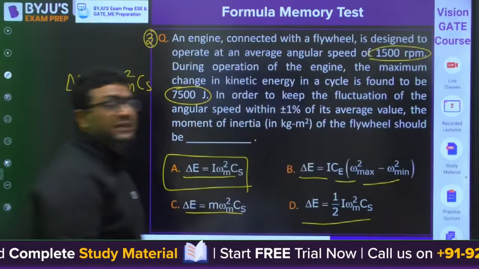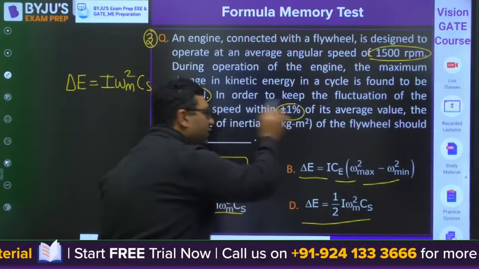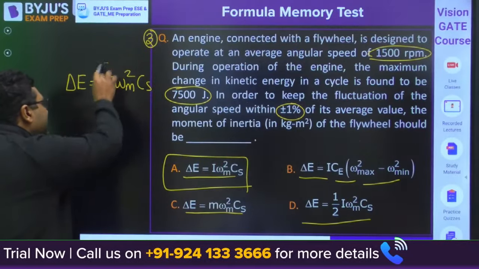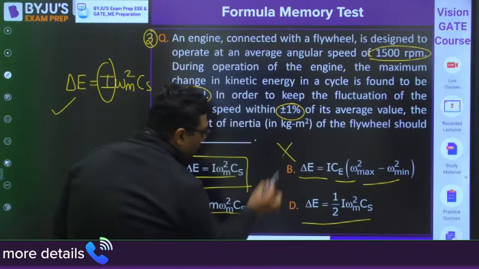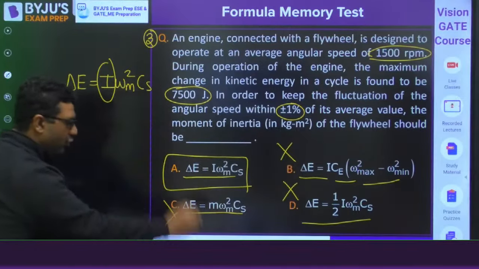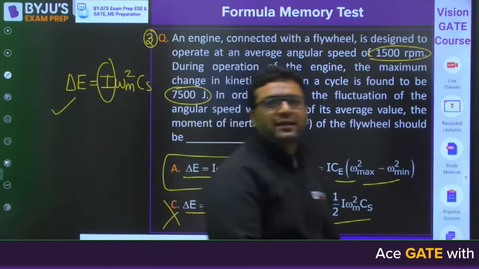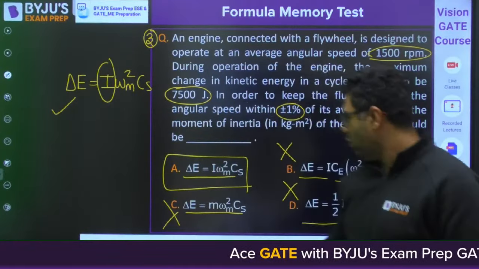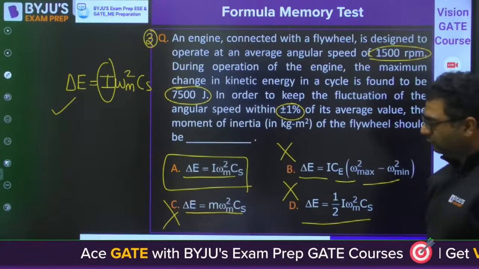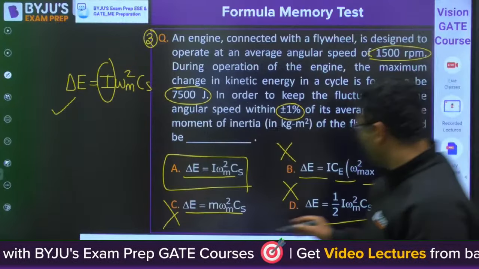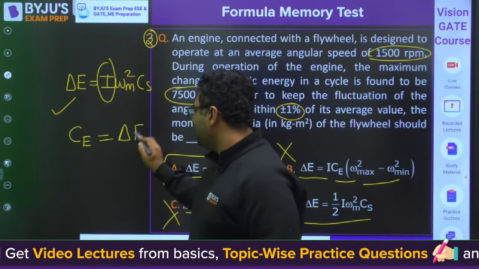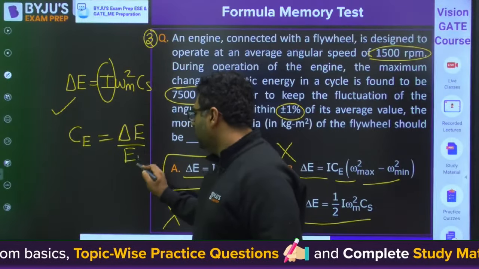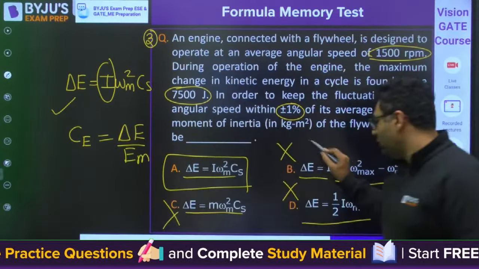And if you see the Cs, they have given you plus minus 1%. So only I is absent in this equation, and this formula is going to be there. This is a wrong formula, this is a wrong formula, this is a wrong formula. So only option A is correct, and only the A formula is correct. All other formulas are not correct. Okay, because Cs is defined as delta E by E mean, that is why this formula is wrong.